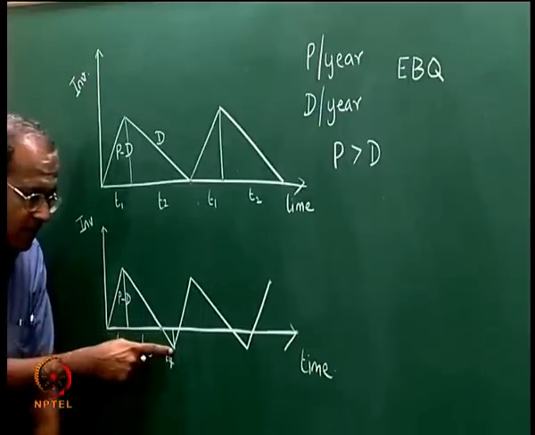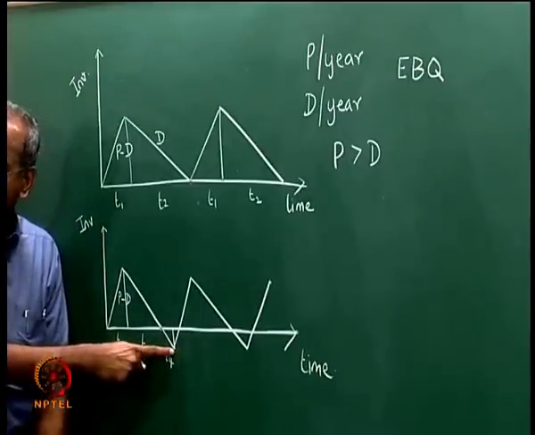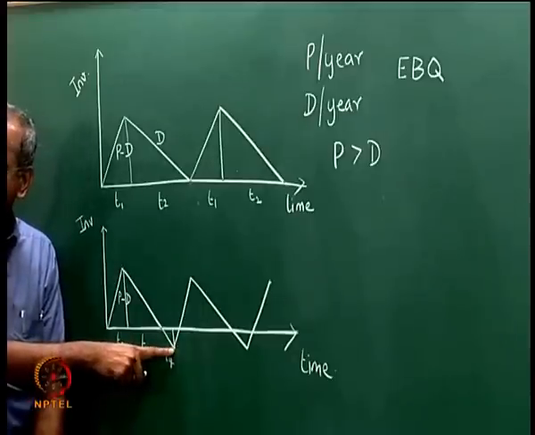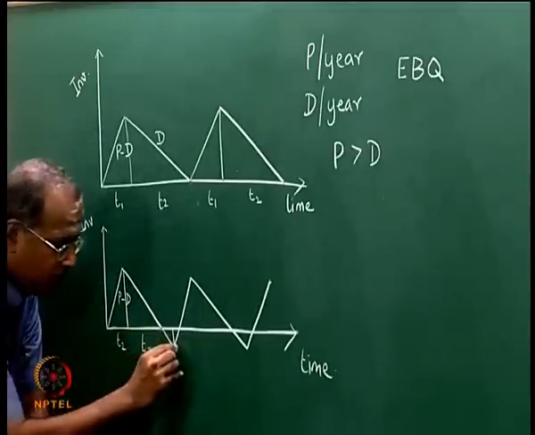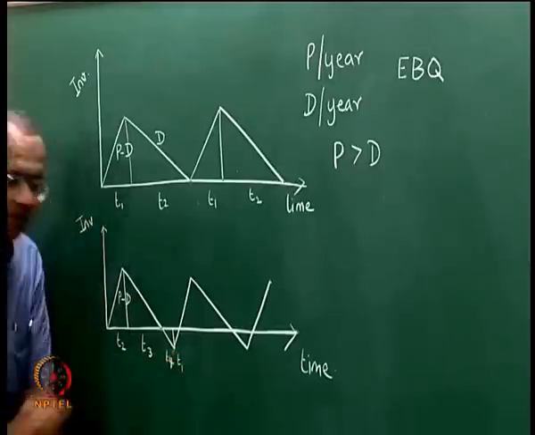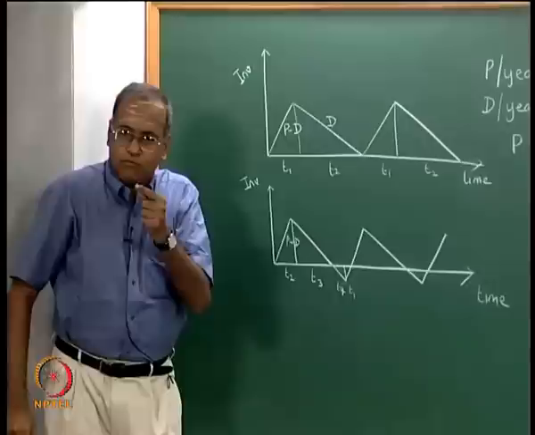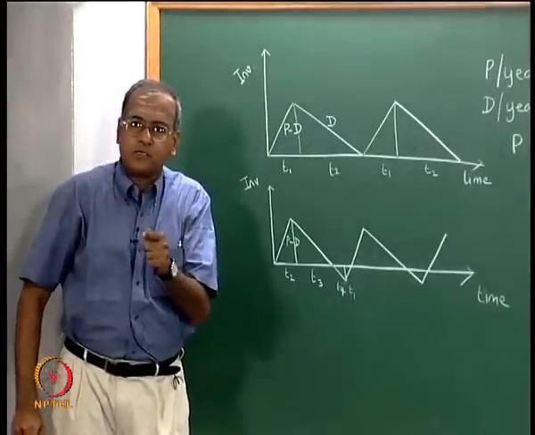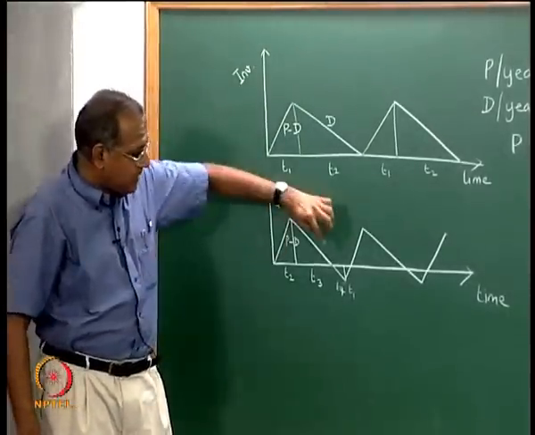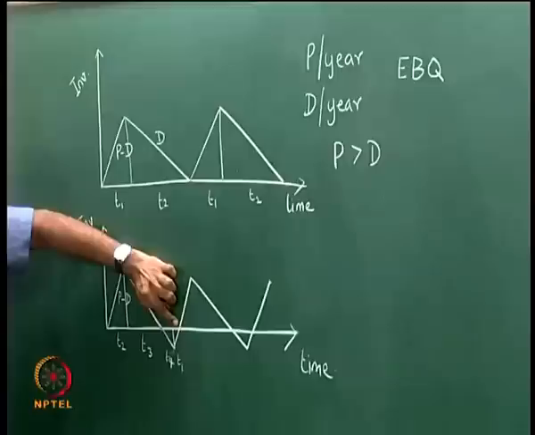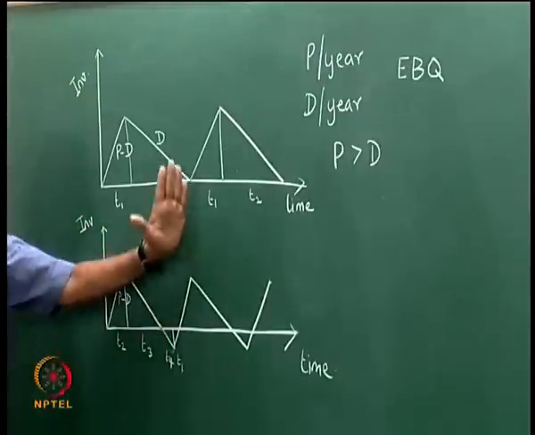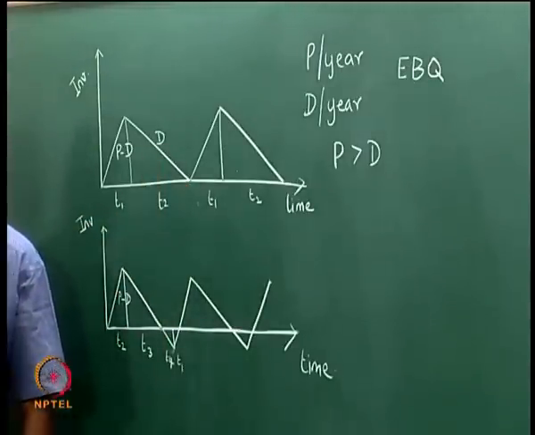And then once a backorder is built up here, we start producing here. We produce first for a period T1, produce and consume for T1 and also to meet the backorder, and at this point the stock becomes 0. Then there is a positive inventory buildup which goes on.